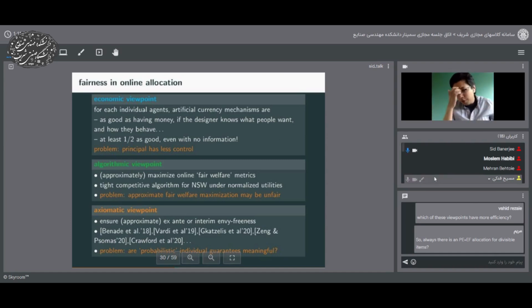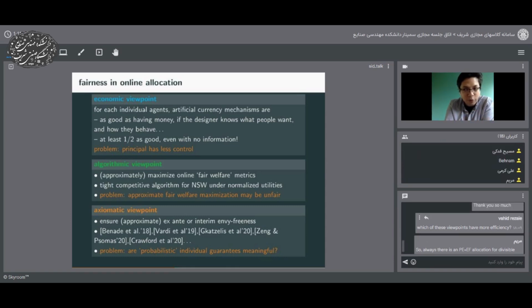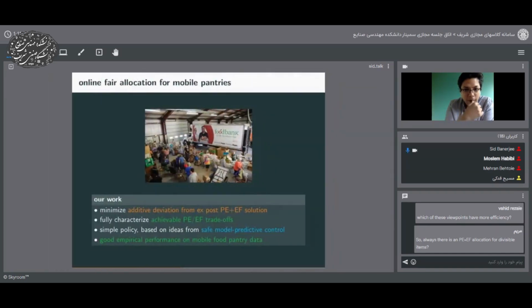What I'm going to tell you in the rest of the talk is a little bit about going back to thinking axiomatically about what is the right way to think about fairness in online settings, and what sort of interesting optimization problems come about when you think about doing this in a sequential setting. This is the work which we've been doing in practice.